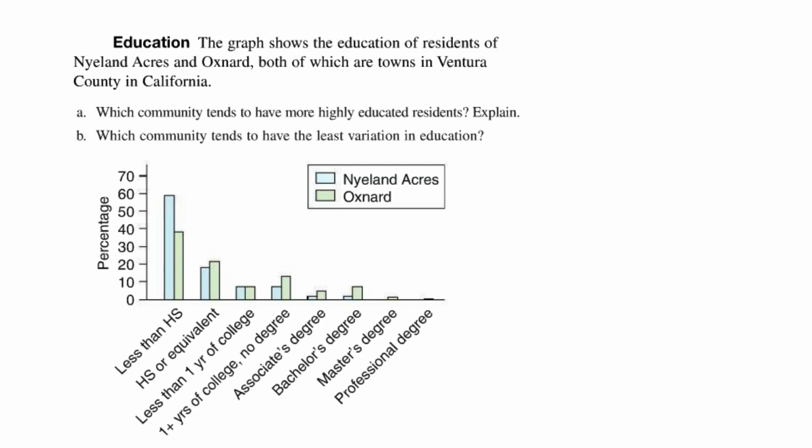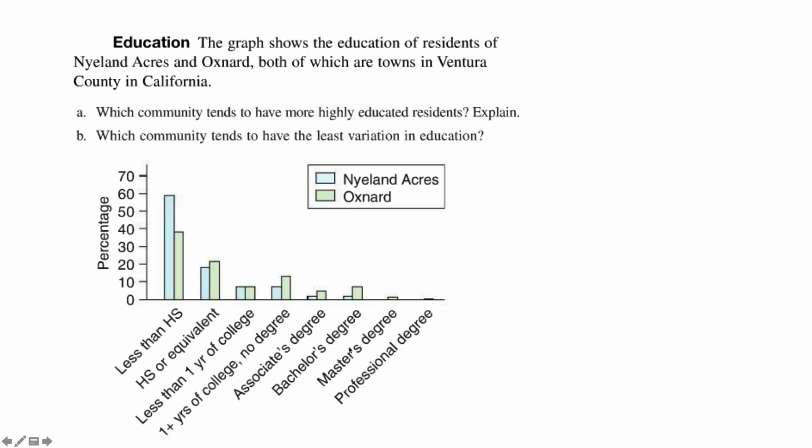This graph below shows the education of residents of Nyland Acres and Oxnard, both of which are towns in Ventura County in California. Which community tends to have more highly educated residents? Well, let's look at this bar graph.